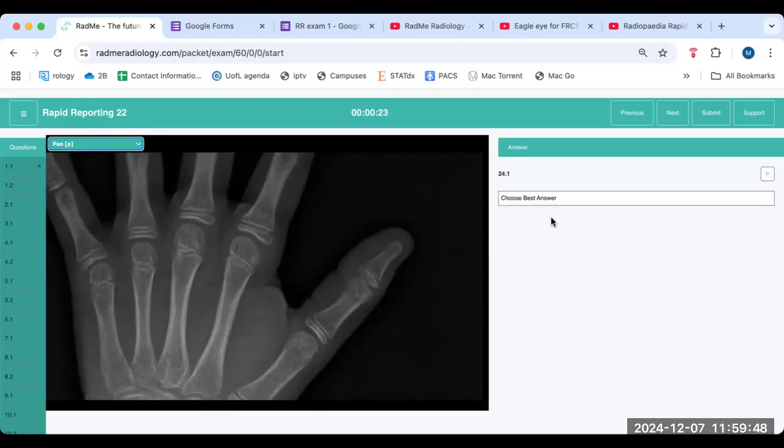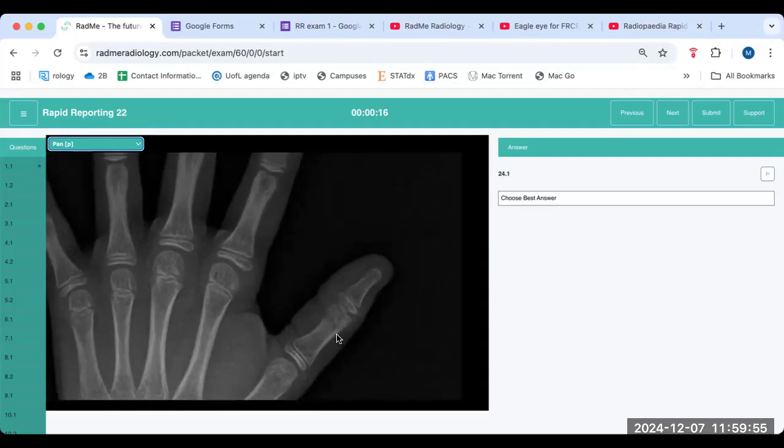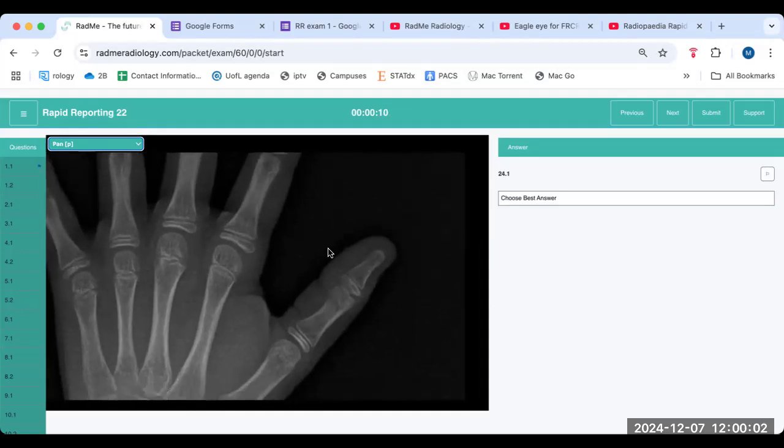Here inside of the image. What is here? I will go back to it. Okay. Let's see. I have some irregularity here, but it is along the crease of the skin.